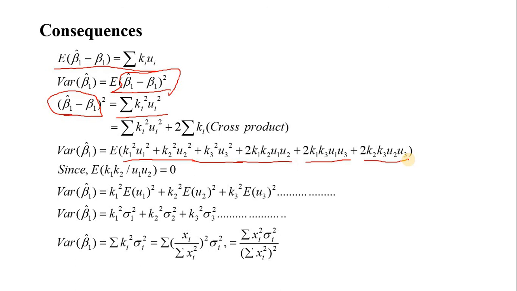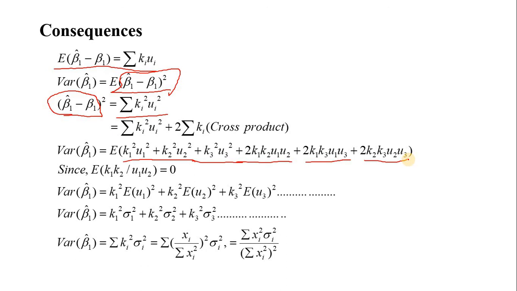That means three pairs are possible when you are having three observations: 1 2, 1 3, 2 3. Similarly here also we can find the cross product of ki and ui. This is the case of three observations.